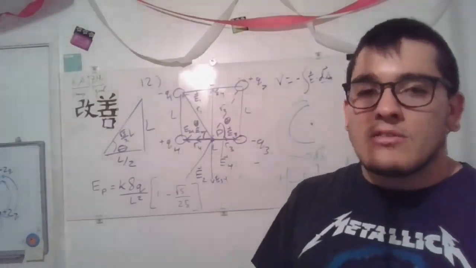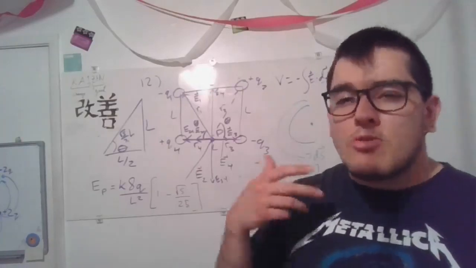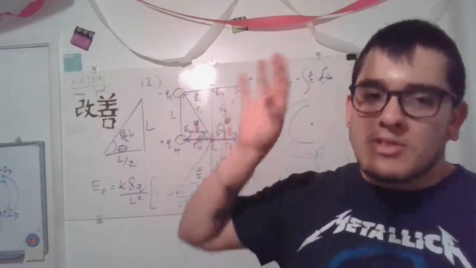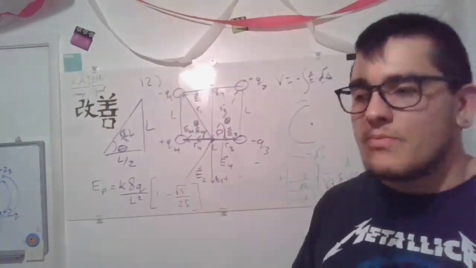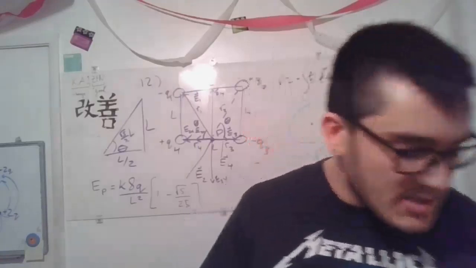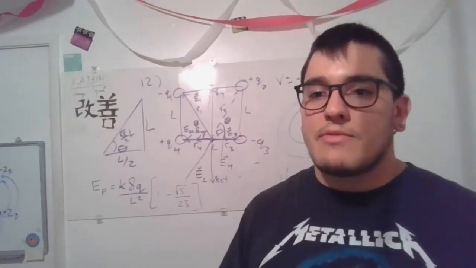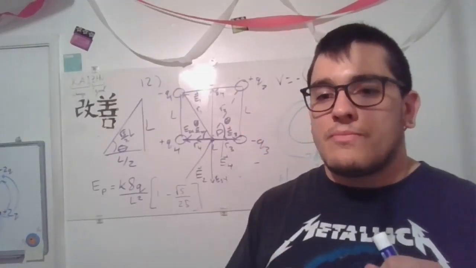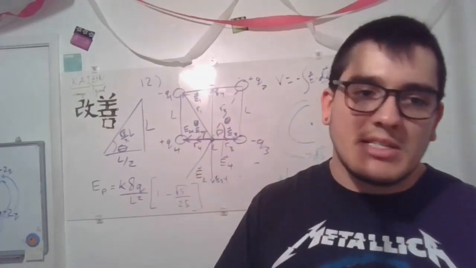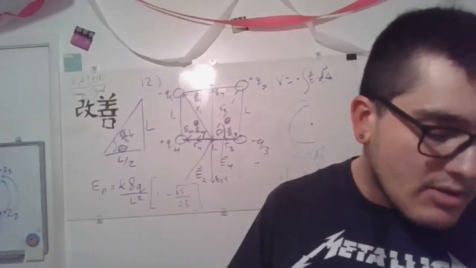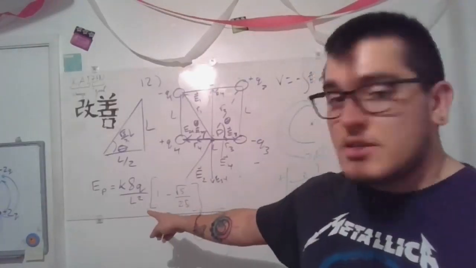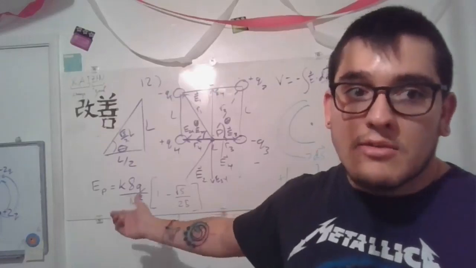If we were a little more in tune with integration, not even Calc 4 stuff, that's university level, then you could do that. But for our purposes, we're going to have to just take each little potential, each little point, and add them up. Sometimes you can try to integrate this, but you'll find a lot of problems with it.